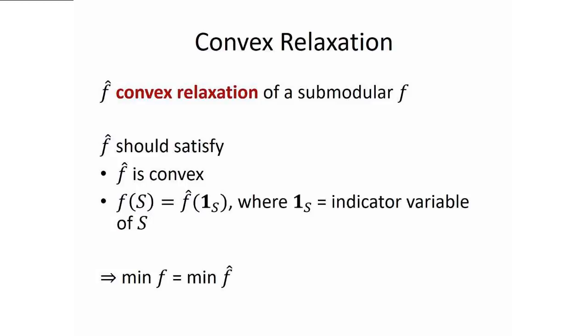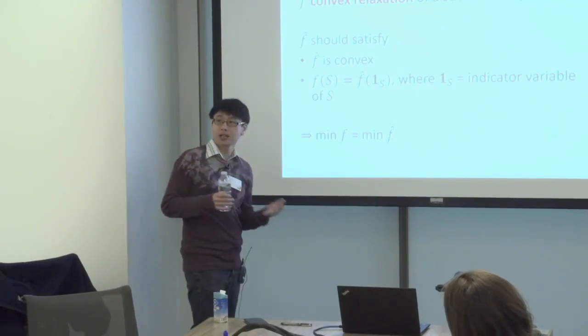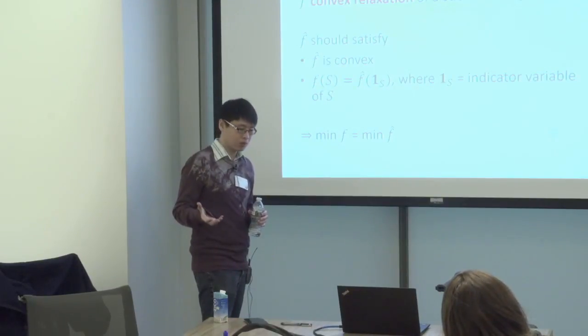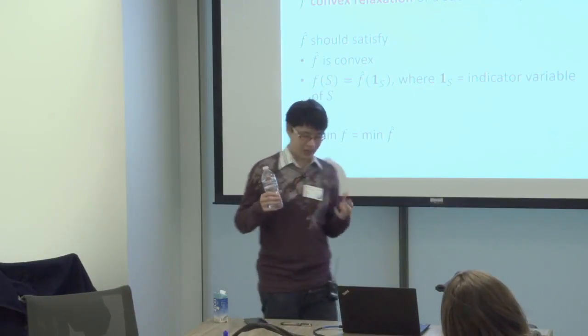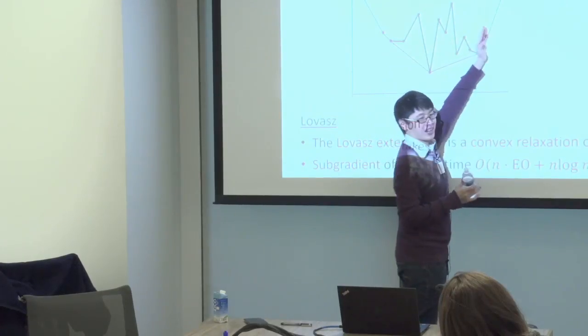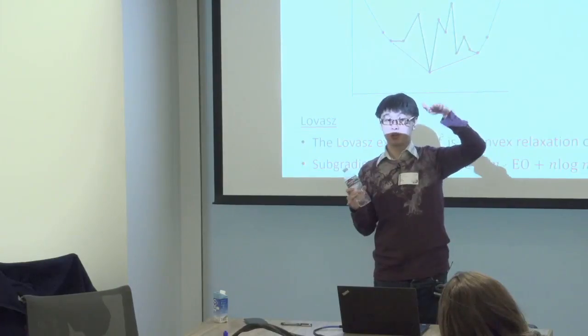And for a submodular function, the convex relaxation that we use is going to be something very natural. If you have a function, you basically just take the hyperplane supporting the epigraph of such a function. So you just make the function convex by smoothing out the concave regions of it.